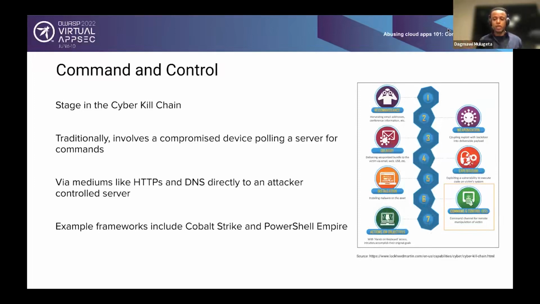This traffic, where a compromised device is polling for additional commands, is what we refer to as command and control. Traditionally, it has involved the compromised device polling for commands via mediums like HTTPS and DNS directly to the attacker-controlled server. If you wanted to simulate command and control, you would have used frameworks like Cobalt Strike and PowerShell Empire to simulate this in red team engagements or penetration test assessments so that you could see if the controls you have would identify this.